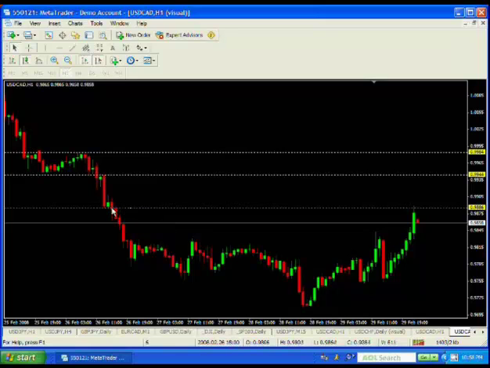If we get a breakdown, just like we did up here, the same format follows. If we get a breakdown below support, that's a sell signal, a continuation signal, and we want to go short on a pullback up to the green bar. And when we look here, we see that after the green bar, the very next bar came down and closed below support.